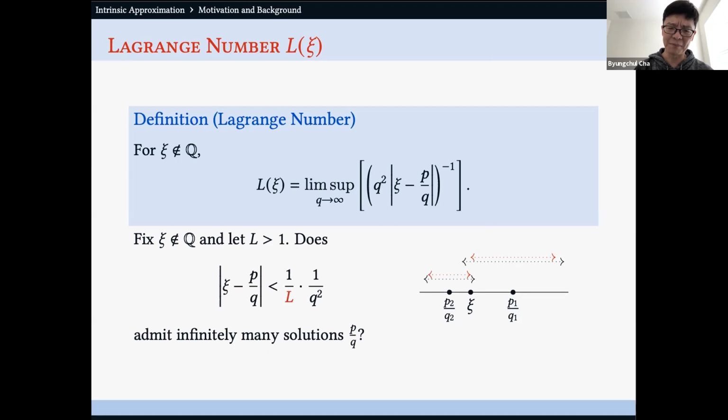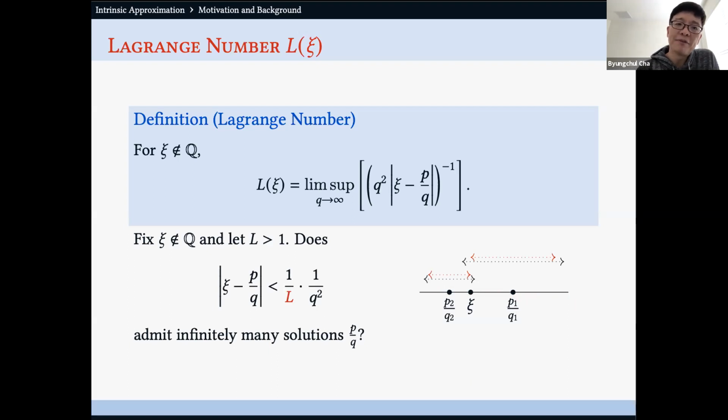So maybe I'll just try to give you a very silly way of understanding Lagrange numbers, just because this was a very difficult concept for me in the beginning. As you all know, Diophantine approximation is about approximating real numbers using rationals. And here's how I envision the concept of Lagrange number. Imagine there's a real line, and you place a light bulb on every single rational number, but not on irrational numbers.